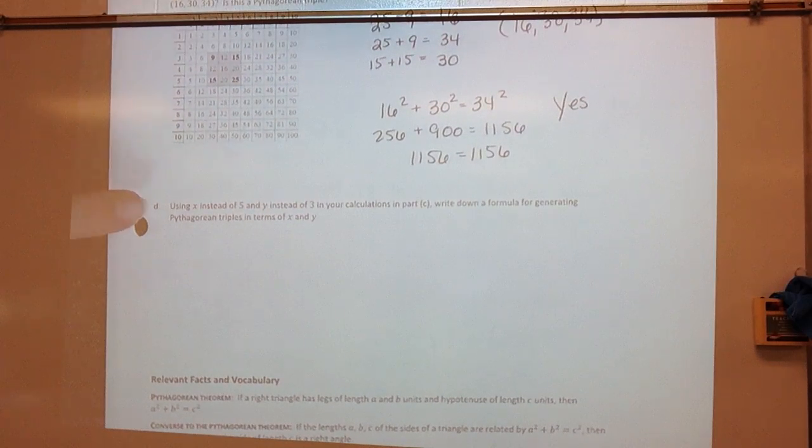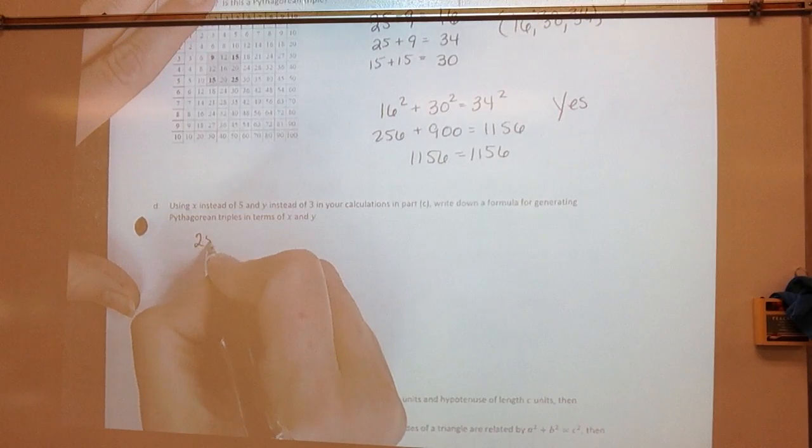So it says use x instead of 5 and y instead of 3 in your calculations in part C. Write down a formula for generating Pythagorean triples in terms of x and y. Alright, so 25 minus 9 is the same thing as saying x squared minus y squared. Okay? Because 25 is 5 squared.